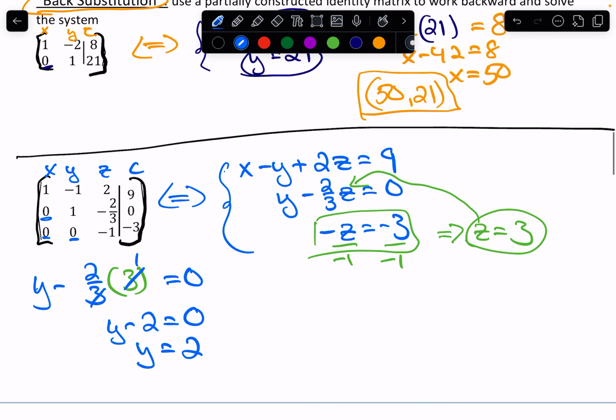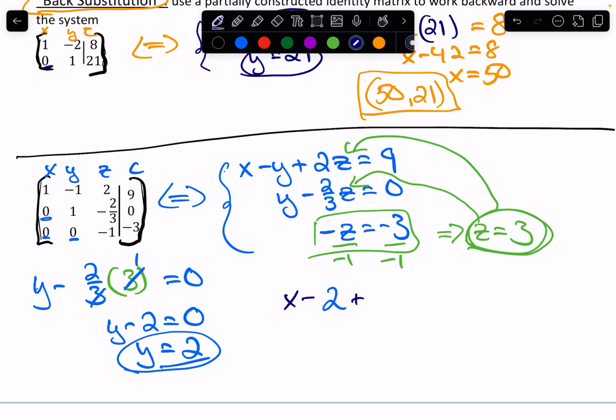Now, we can plug both y equals 2 and z equals 3 into our first equation. So we've got x minus our y, which is 2, plus 2 times z, which is 3, equals 9.